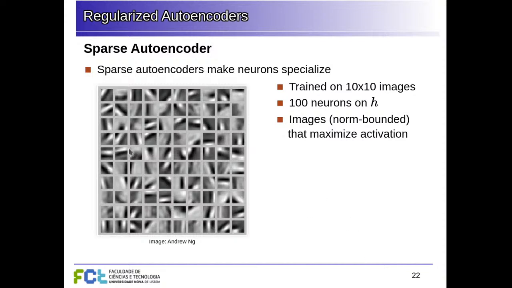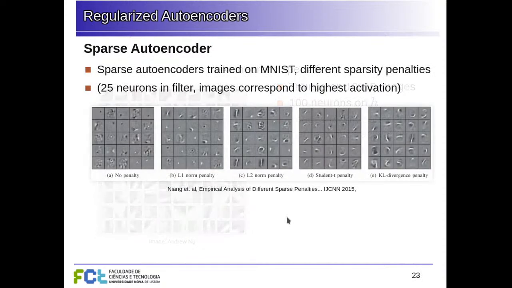So this is an example for each of those neurons, an example of the 10 by 10 normalized image that would maximize the output of the neuron. So this is the kind of pattern that this particular neuron prefers, and this particular neuron, and so on. And you see that they specialize in different things, so that when we present one image, only a few of them fire, indicating which of these attributes that image will have. And this is the purpose of sparse autoencoders.